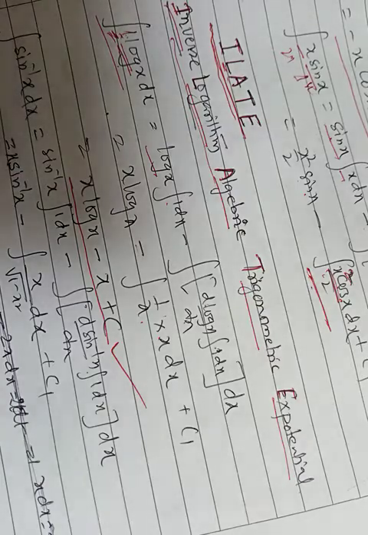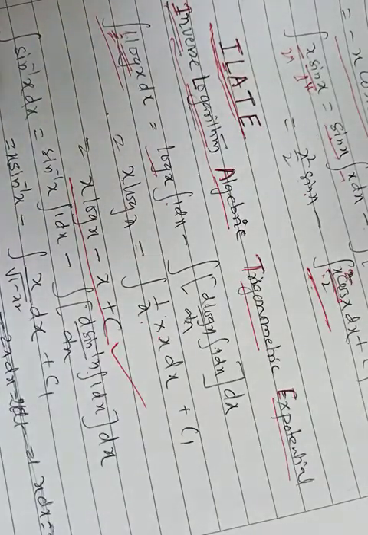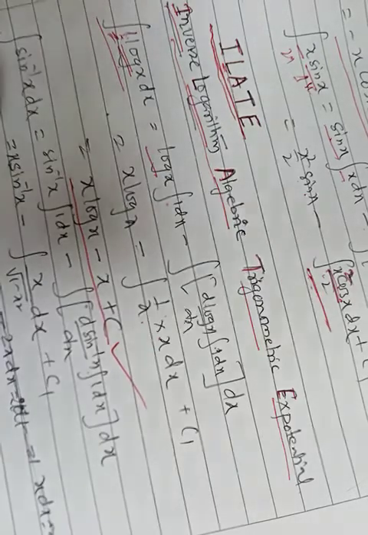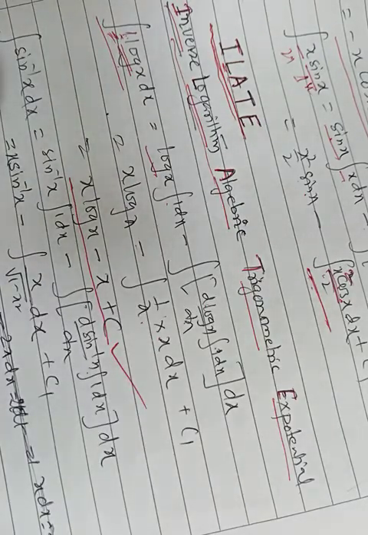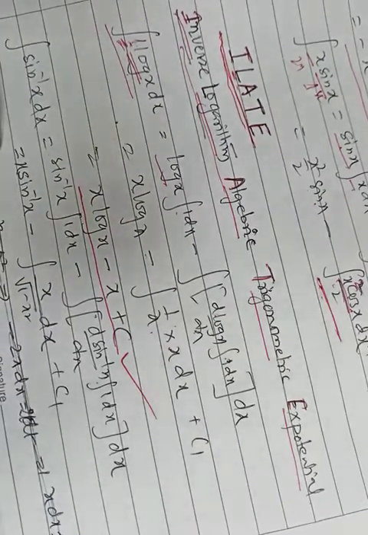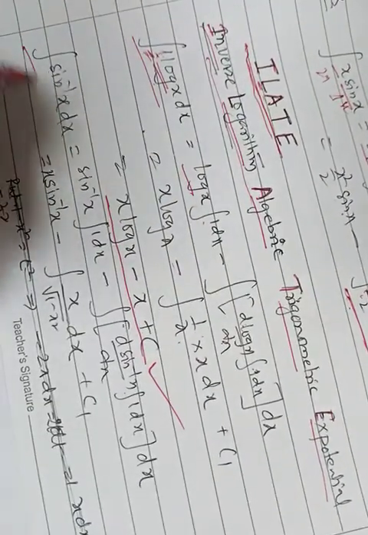One more: differentiation of sin inverse x is 1 by root over 1 minus x square. Again integration of 1 by root over 1 minus x square dx will be sin inverse x. But integration of sin inverse x we don't know yet.